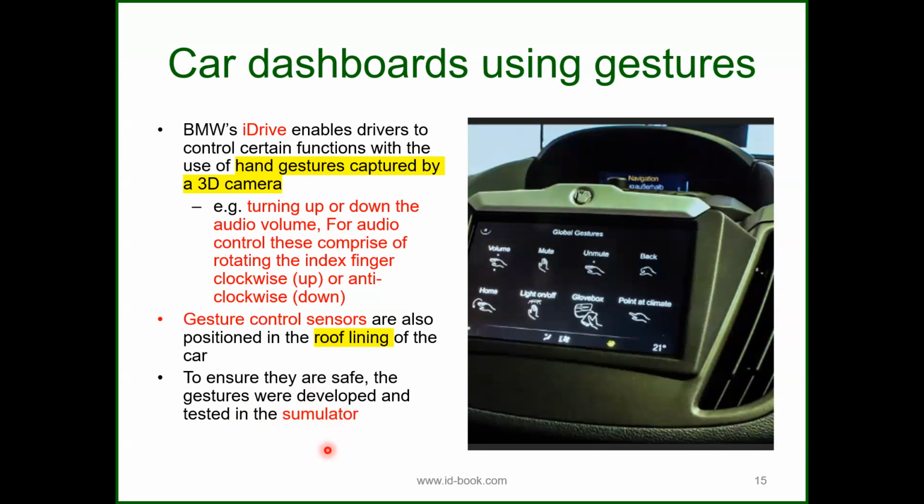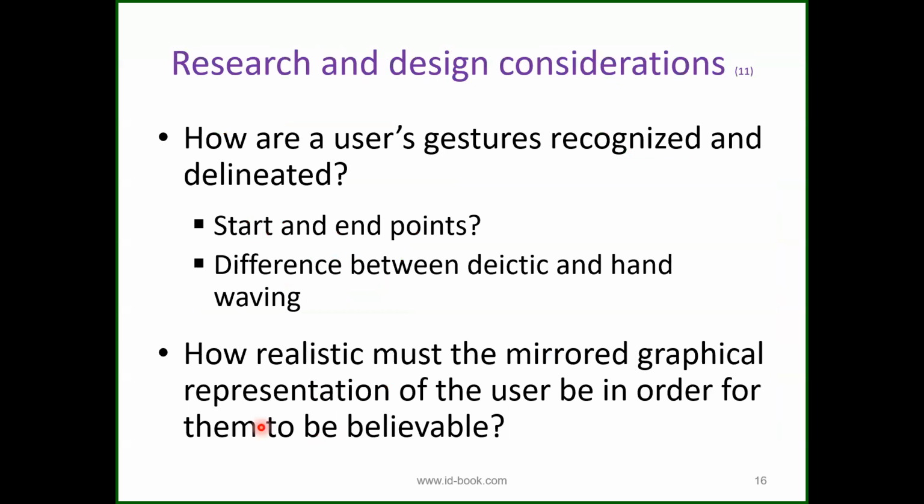Simulators are not the actual system, but they simulate the system. For example, you do not have a real car when you are testing it. You have a simulator that feels like a car, but it is stationary and doesn't move. So it is tested in a safe environment.